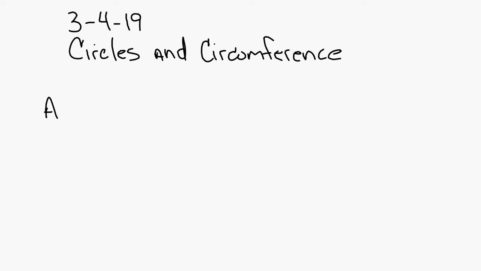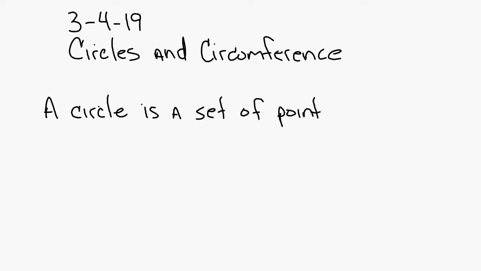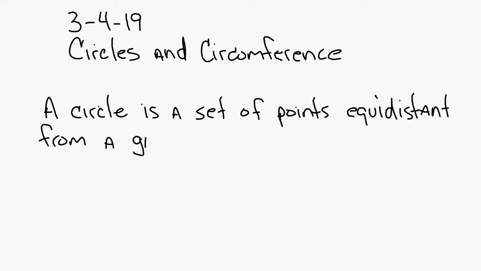So a circle is a set of points equidistant from a given point called the center.